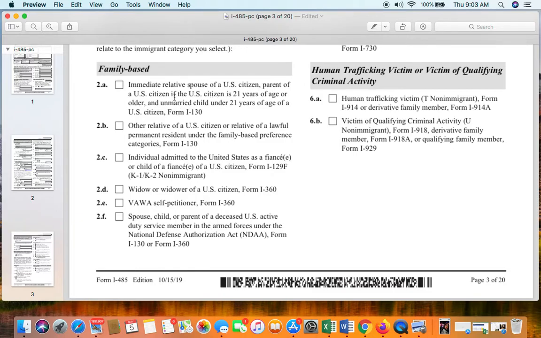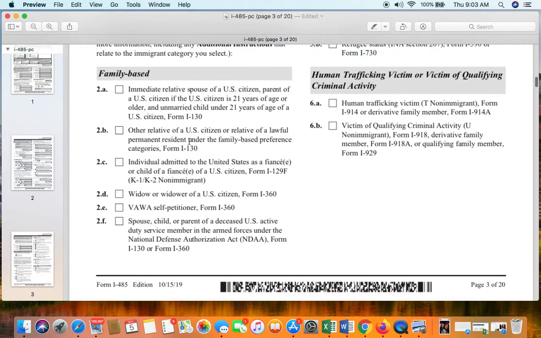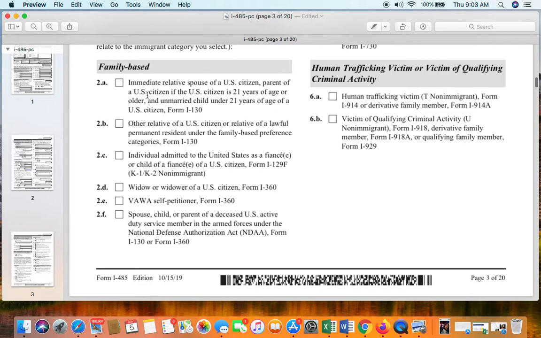Parent of a U.S. citizen, if the U.S. citizen is 21 years of age or older, or unmarried child under 21 years of age of a United States citizen, Form I-130. So please always read what's been stated right here.